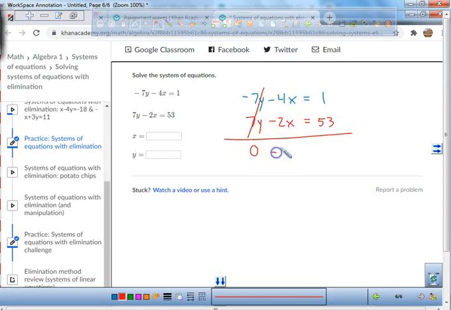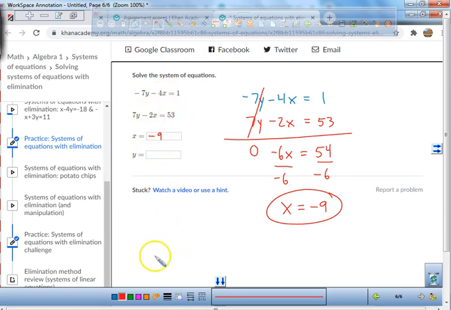I add these together, I get negative 6x equals 54. When I divide both sides by negative 6, x equals negative 9. Now I have my x value. Once again, we have to choose one of these two equations. I like the bottom one personally.